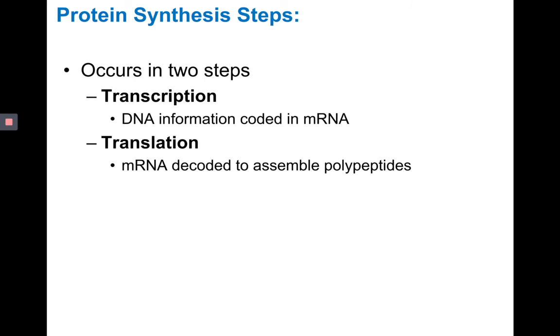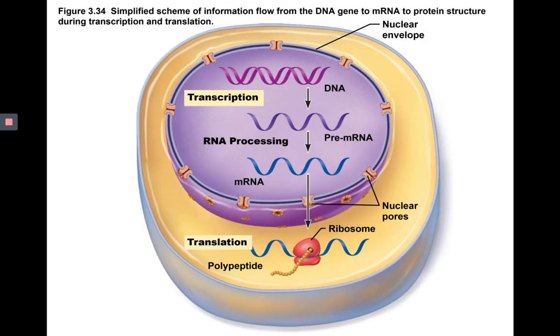So again, DNA to RNA, that process is transcription. RNA to protein, that's translation. And here's a great image to study, because it shows you that transcription must occur in the nucleus, where mRNA is made. So DNA to mRNA is going to be transcription, and we have to get rid of those introns, which are kind of our junk mRNA.